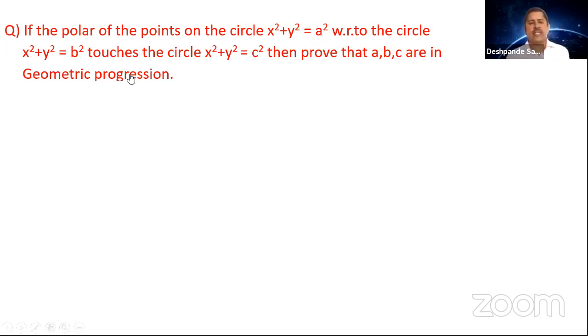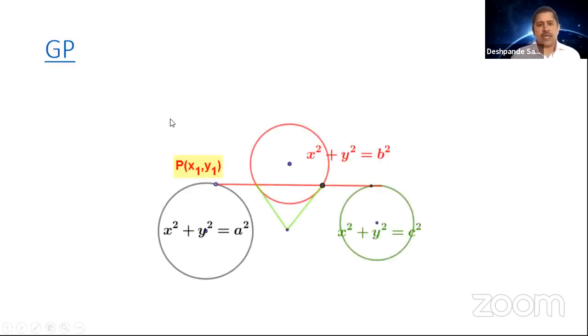So let us try to understand this figure. See, this is the first circle. Point x1, y1 is lying on the first circle. From this point, you are drawing a polar to the second circle. The second circle is x square plus y square is equal to b square.